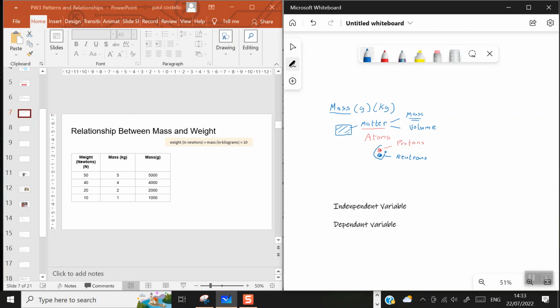They're inside the middle of the atom, which is the nucleus, and then around it you have what are called electrons.